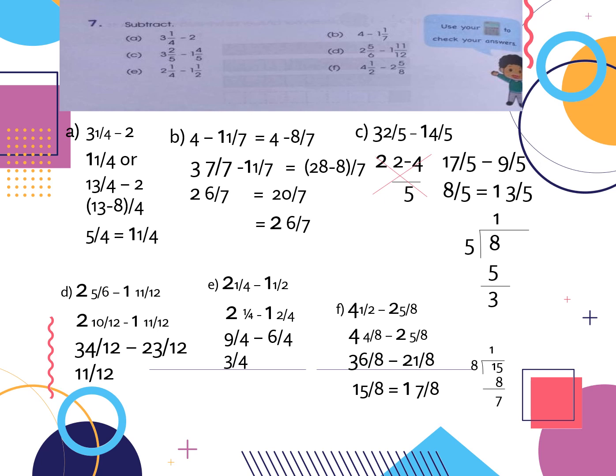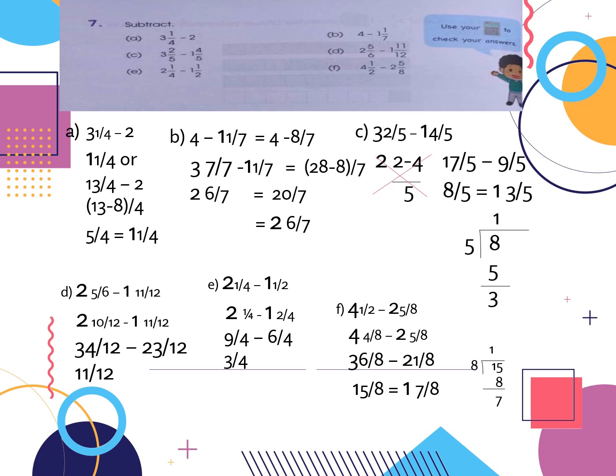In the denominator we have 4, and 4 into 1 is 4, so 13 is going to be multiplied by 1 and remains as it is, minus 1 into 4 is 4, and this 4 is going to multiply by 2, so we have 8. So 13 minus 8 over 4, which is 5 over 4, and this can be converted into a mixed number, which is 1 whole number 1 over 4.